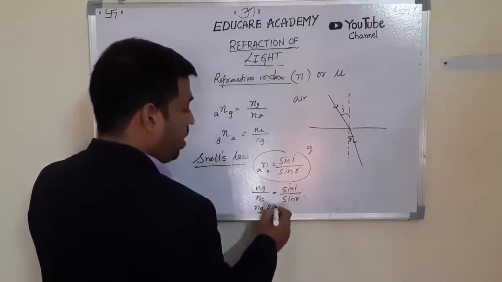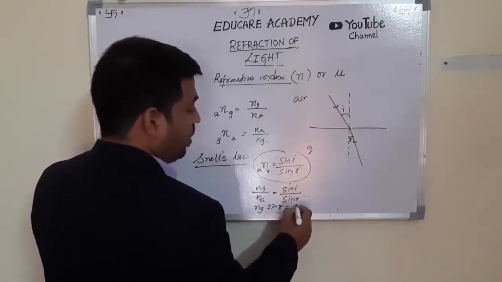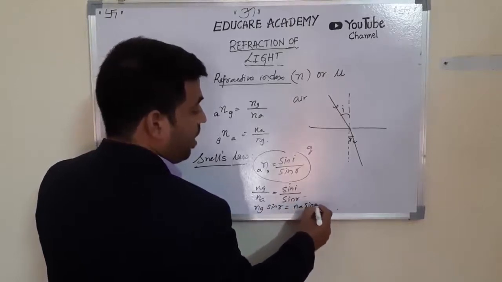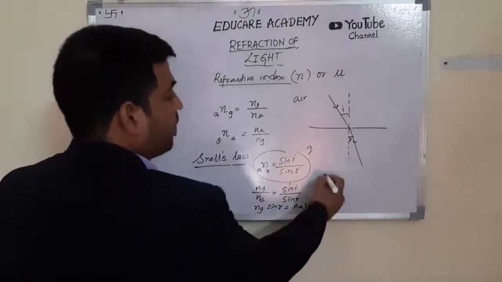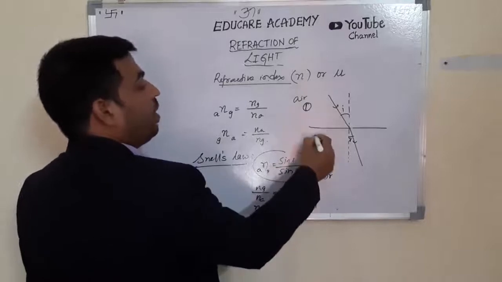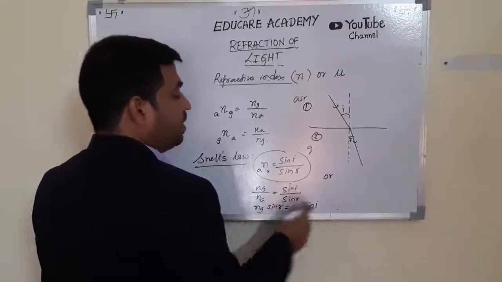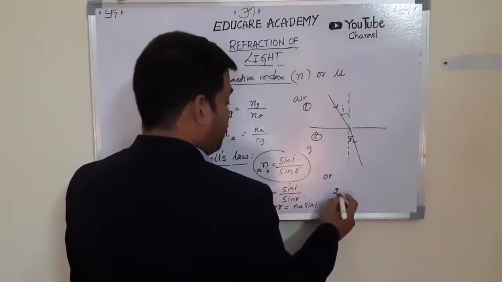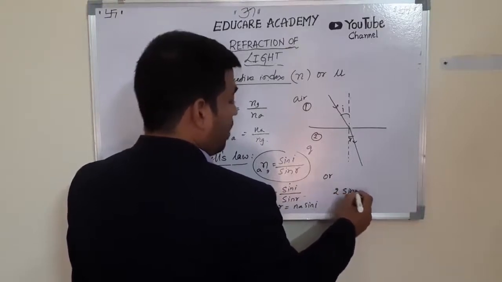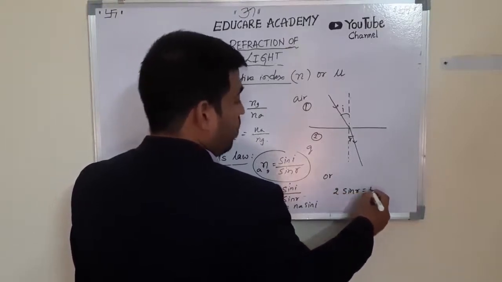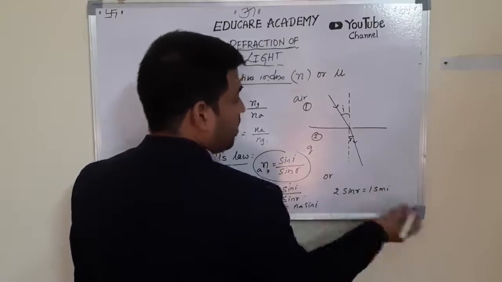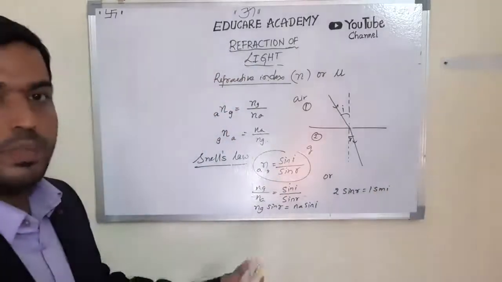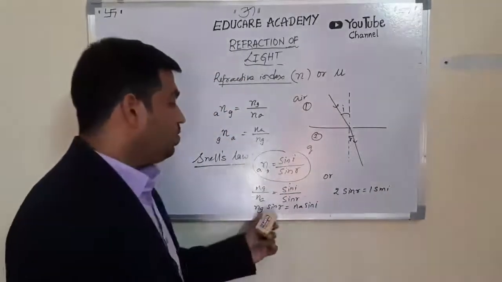Ng sin r is equal to Na sin i, or we can also take it as medium 1 and medium 2. So Ng is medium 2, so n2 sin r is equal to n1 sin i, like that you can take medium 1 to medium 2.